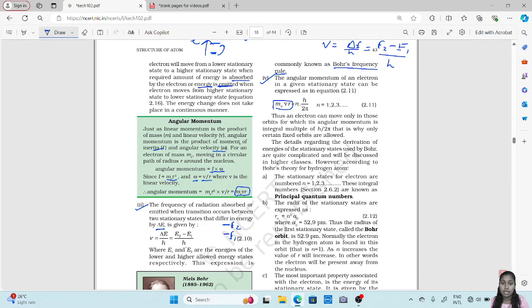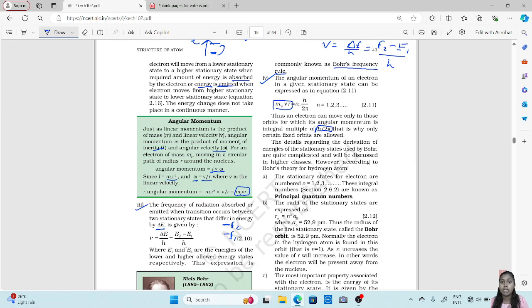Thus, an electron can move only in those orbits for which its angular momentum is an integral multiple of h by 2 pi. That is why only certain fixed orbits are allowed.